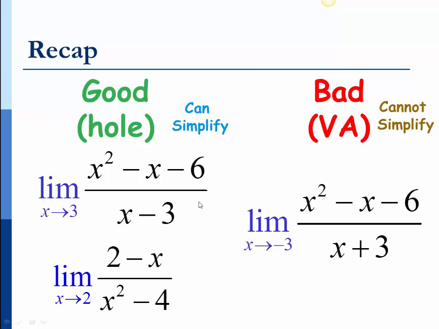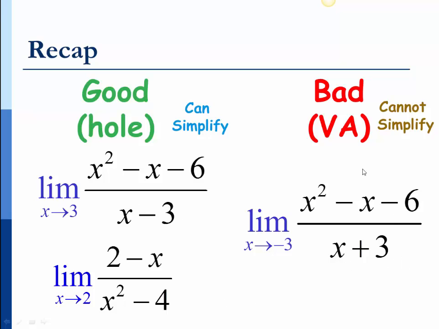Okay, so let's do a quick recap. In the first video, part 1, I did these two examples right here. They created holes, which basically means if we picked the right point, we can patch it. We can find out what the y value was. We had distinct numbers. And why was that? Because we could factor these expressions, and then we can reduce out the denominator, where the problem was.